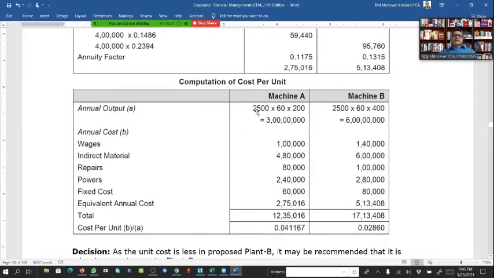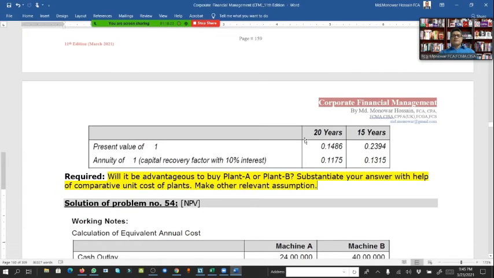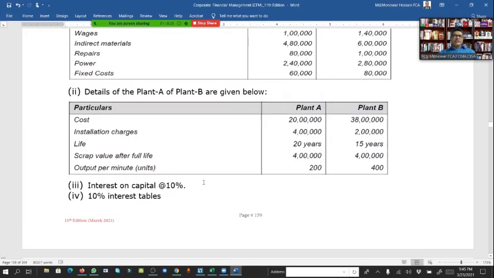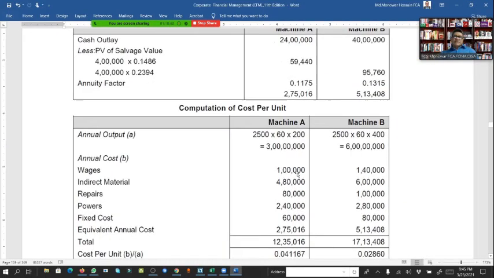In the year the output is 3 crore. So per minute 200 units, then the whole year's production is 3 crore units.